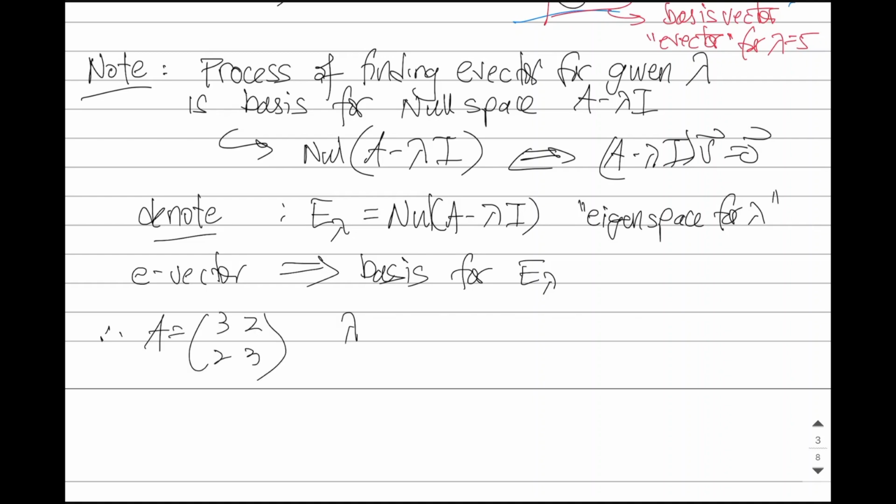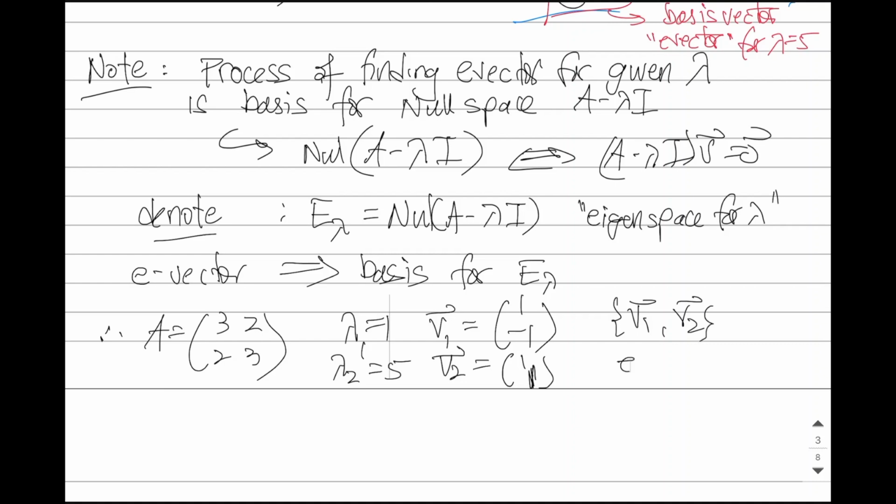So this matrix A had eigenvalue 1, so we'll call this lambda 1, and eigenvector 1, negative 1. It had an eigenvalue of 5 and a corresponding eigenvector of 1, 1. This matrix A does, in fact, have an eigenvector basis for R2. Once we have an eigenvector basis, it makes life easy when we want to do calculations.